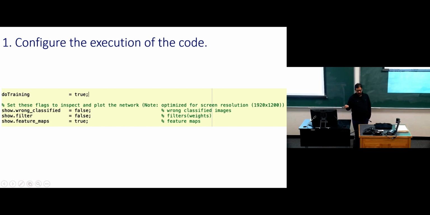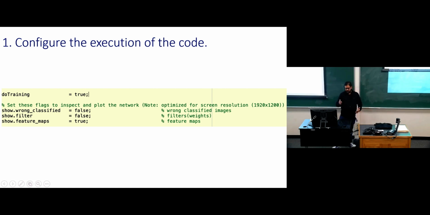What this flag is controlling is that if it's set to false, then your network will not train. And it will become clear if you download the template. Why would you not train a network? Because after you train a network in MATLAB, you can save the entire network as a mat file, just like a mat object. So in certain passes, when you are more interested in probing and looking at the intermediate filters and features of your network, you may not have to train every time to reach that stage.